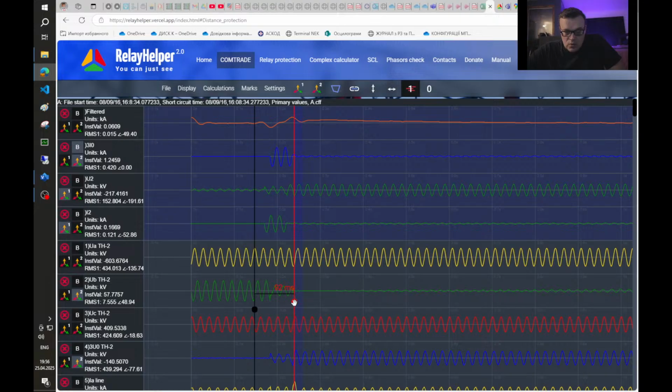Okay, so we can see that the DC component is removed, like here, and as I understand the process, that means that the arc not only went out, but the air in place of the short circuit is also deionized.